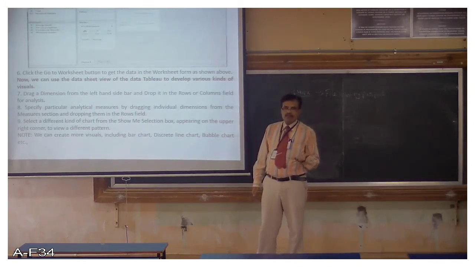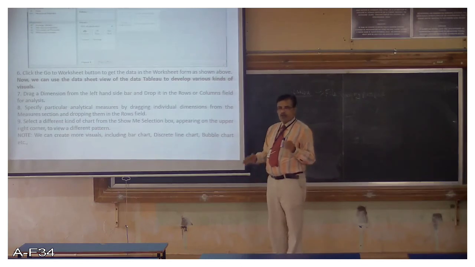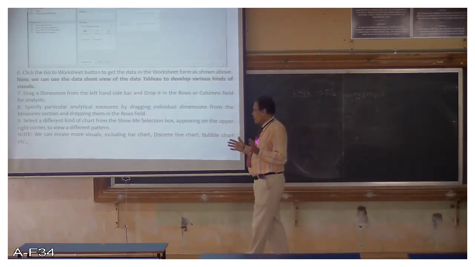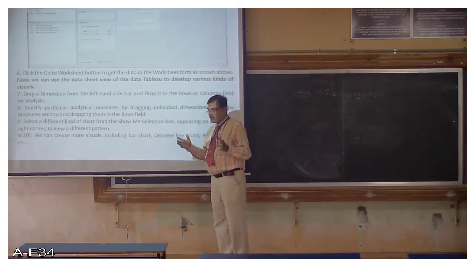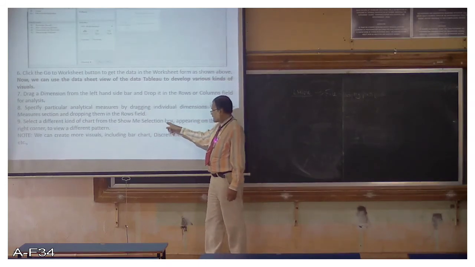Is it a line chart, is it a box chart, is it a pie chart, is it a bar chart? Depending on the need, you can select those particular options from the Show Me selection box.